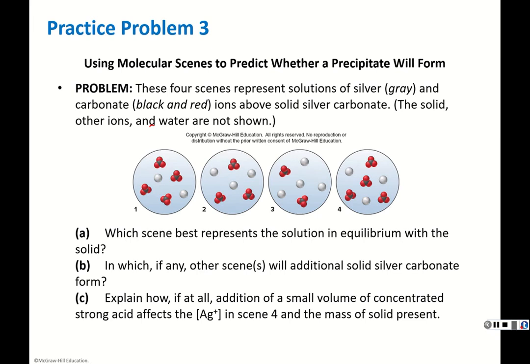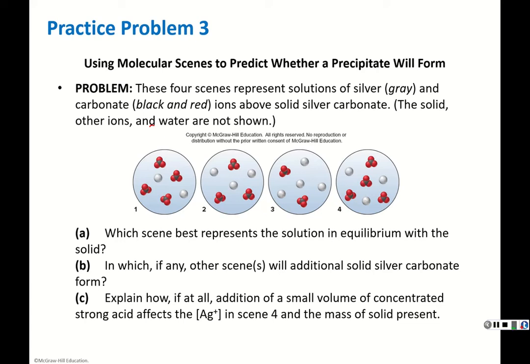Okay, let's try another problem based on this relationship. We have 4 molecular scenes representing solutions of silver, which is gray, and carbonate, which is black and red. So you have silver, carbonate, and silver carbonate in solution, in a mixture.